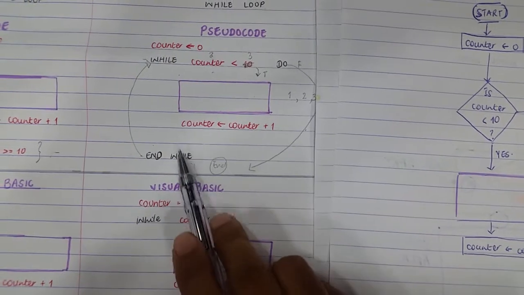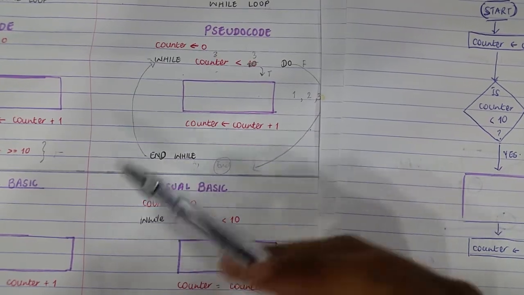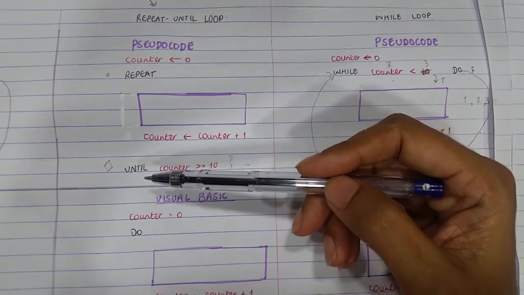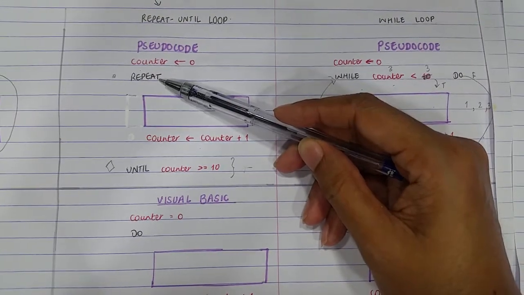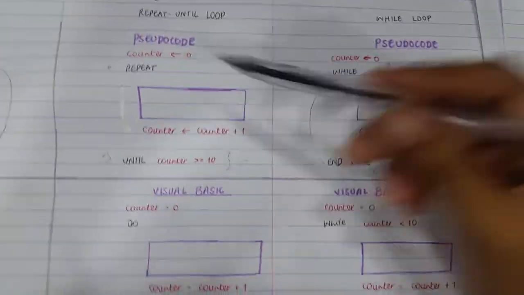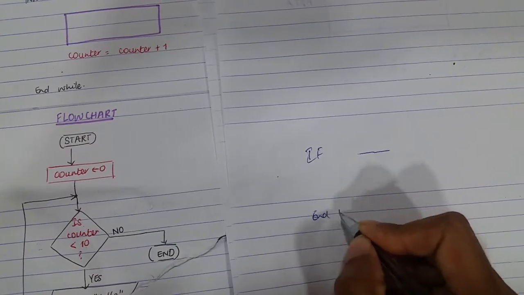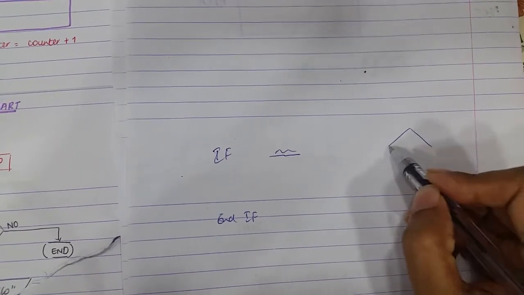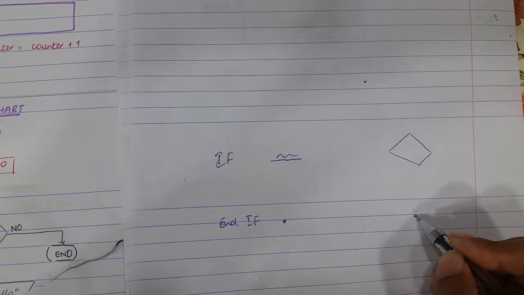And then I have end while. Maintenant, end while, étant donné qu'il y a un keyword, il est supposé de match avec une autre condition. Pareil que repeat until, if and end if. D'accord? C'est un keyword qui joint des arrows. And if, the word if, and end if, se rappelle, if, il y a une condition ici, so this is going to become a decision box, and end if, only a point.